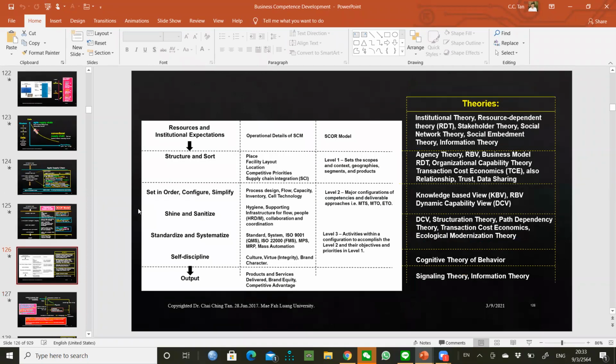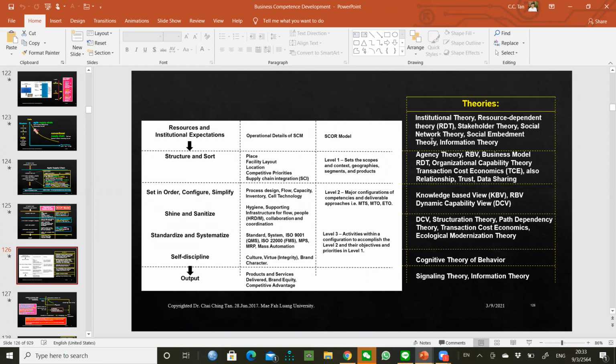Okay, so again, for those research students, or for those regular students, as I already mentioned, there are a couple of institutional things.